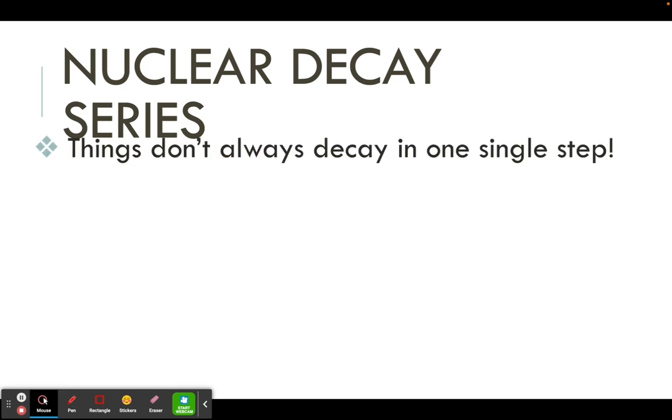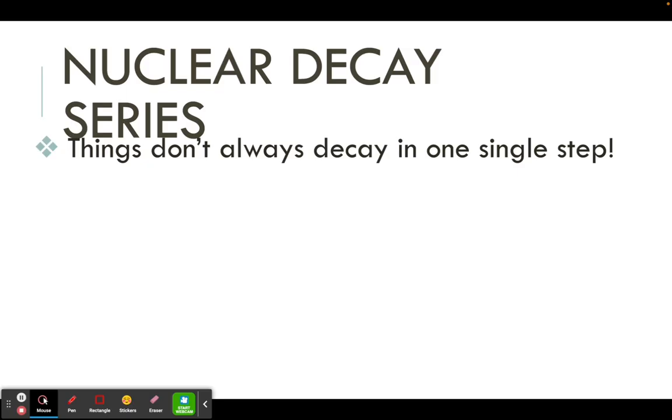A lot of times in nuclear reactions, things don't always decay in a single step, right? So we've been seeing one-step reactions where one atom or one isotope will decay into another isotope, and then that releases some sort of particle or energy.